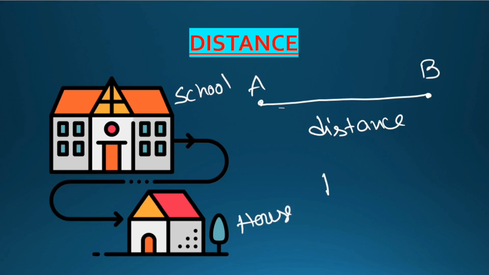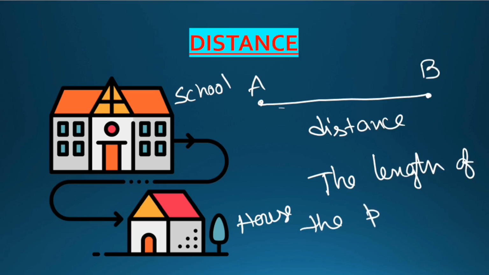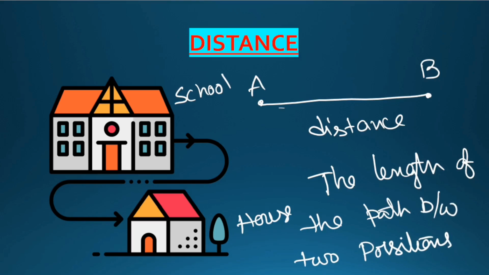We can term it as distance. So it is nothing but the length of the path between two positions or two points, irrespective of direction. No question of direction here.